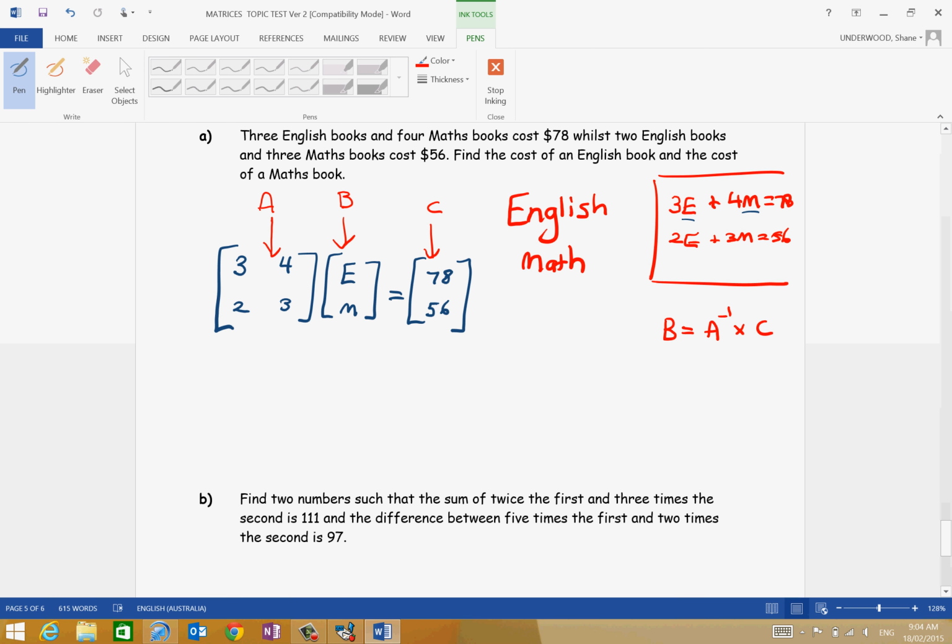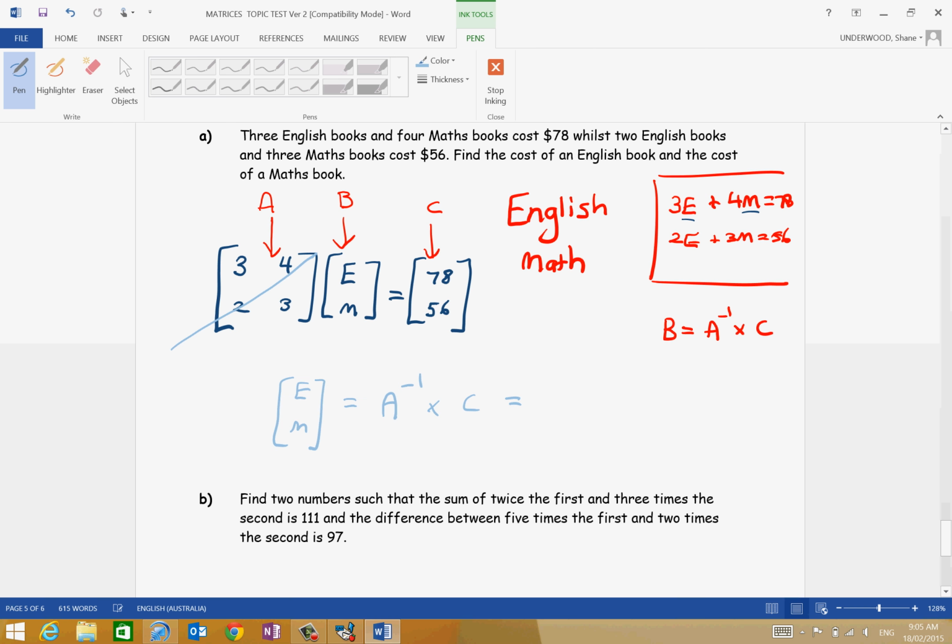You just need to do this a fair few times. So therefore, in other words, if I do the inverse of matrix A, that's going to cancel out the left-hand side. And whatever I do to the left-hand side, I've got to do to the right-hand side. So I'm then multiplying that by matrix C is equal to EM, if you like, which is matrix B.